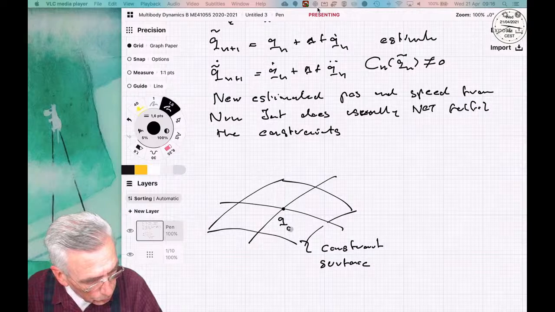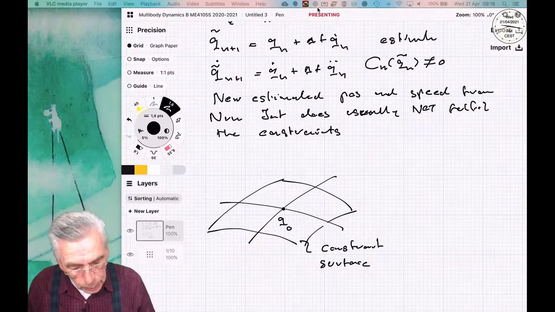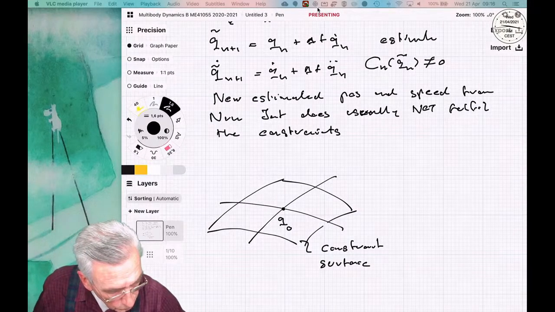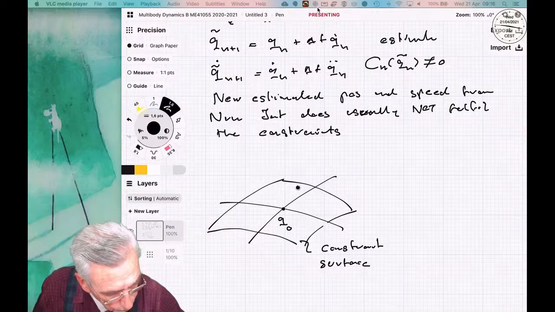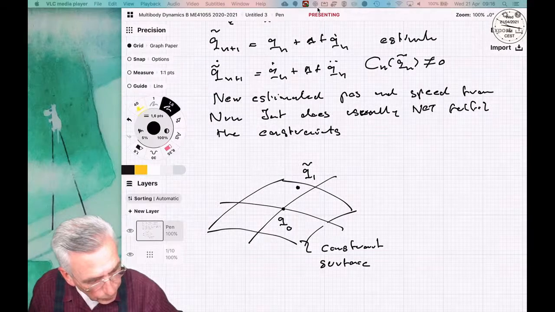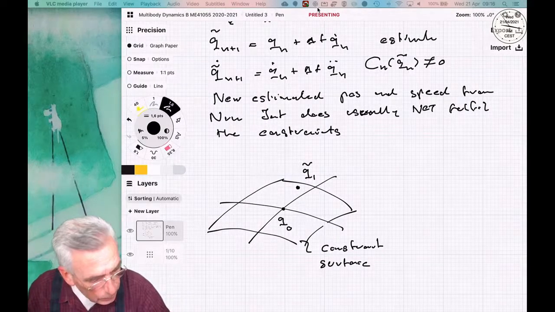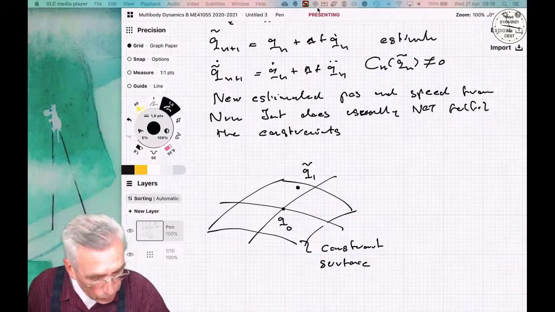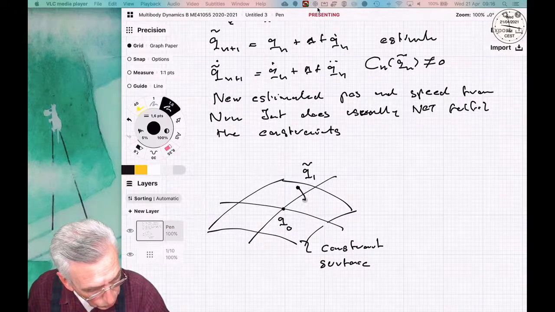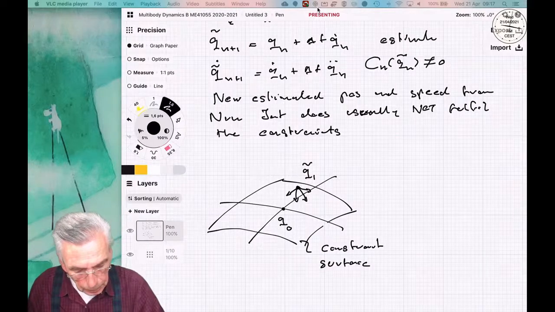Then we had initially a very good position here. Let's call it Q0 for now. And then by numerical integration, you found some point here, which is Q1, and I put a tilde there. And then when you calculate, you see that it's not on the surface. So we have to get back to the surface, but there are 1,000 ways to get back to the surface.